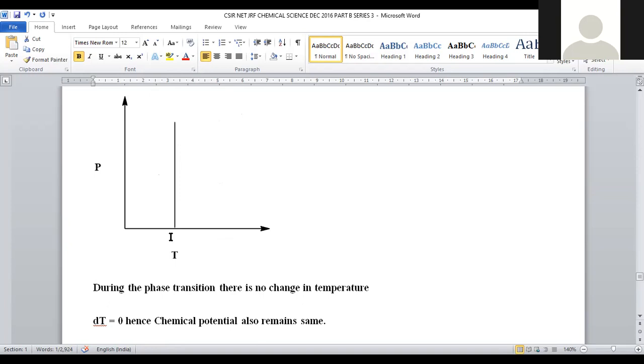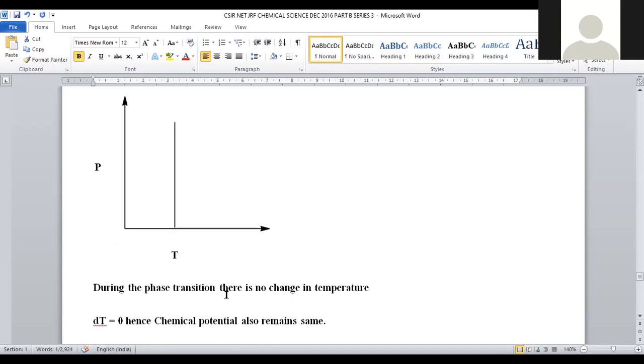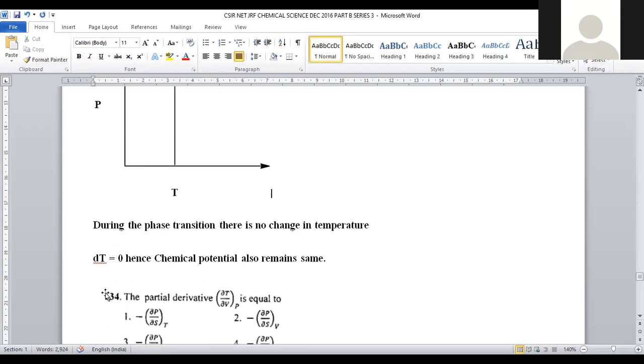This is said to be a vertical line. So as the pressure rises, temperature remains constant. Okay. During the phase transition, no change in the temperature. Phase transition temperature will not be varied, right? Only pressure is linearly increased, so we are not going to change the temperature. This is represented by a vertical line.